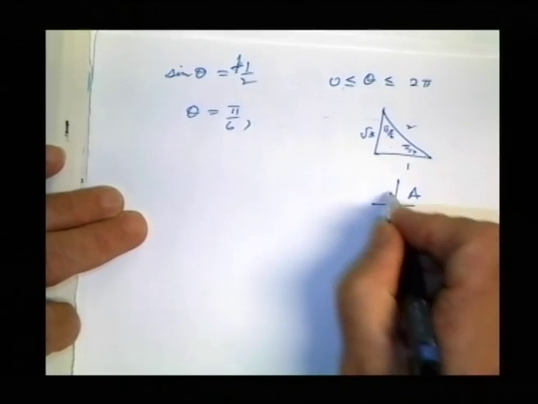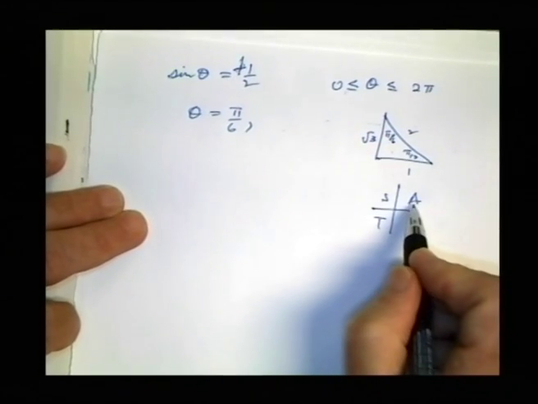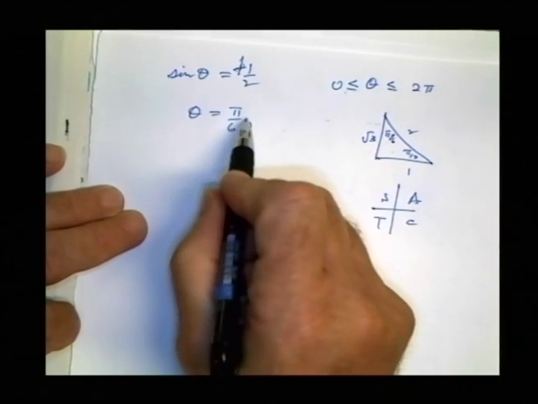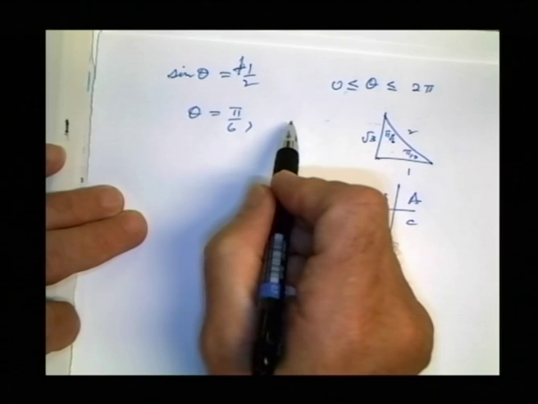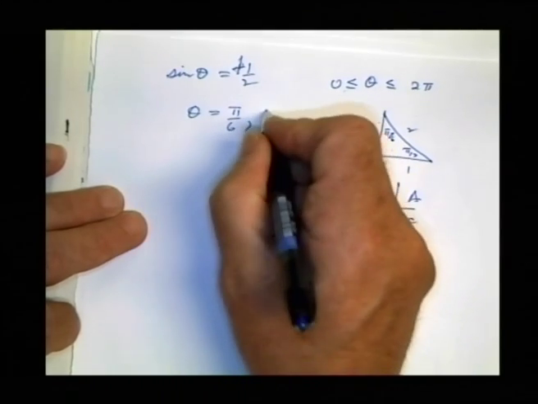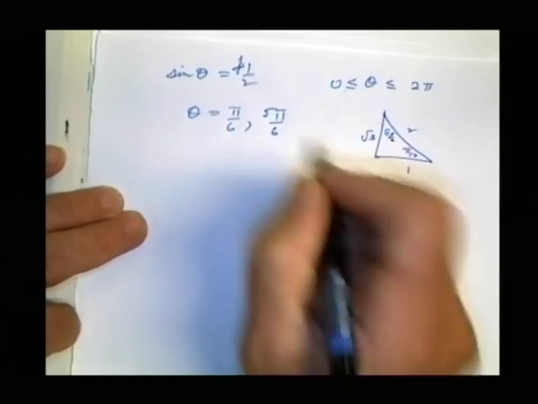As you know, it's ASTC, and sine is positive in the first and second quadrants. Consequently, this is pi minus pi over 6. Pi is 6 pi over 6, take away 1 pi over 6, becomes 5 pi over 6.